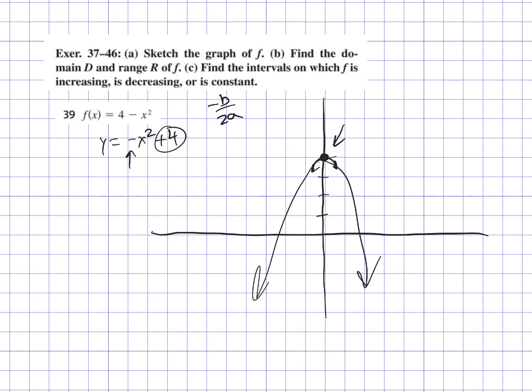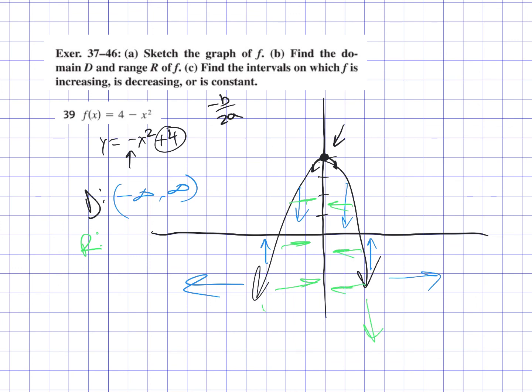All right, so the next question is find the domain of this. Again, if you squish everything down to the x-axis and everything up to the x-axis, this continually goes to the left and continually goes to the right. There are no holes. So it's negative infinity to positive infinity. And the range, if you squish everything to the y-axis.